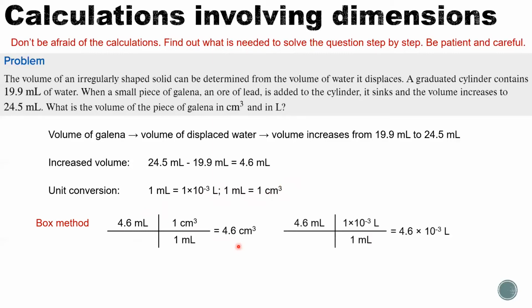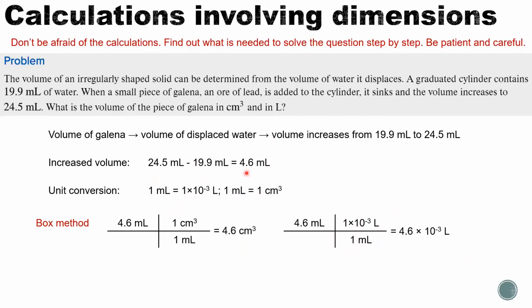We can do the same thing to convert the unit to liter. 4.6 milliliters, the first unit conversion factor set, 1 milliliter in the bottom, and 1 times 10 to the minus 3 liter on top. Do the calculation, and we have this value in the unit of liter.